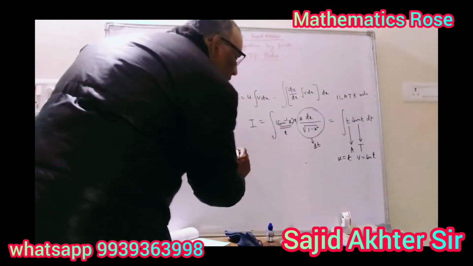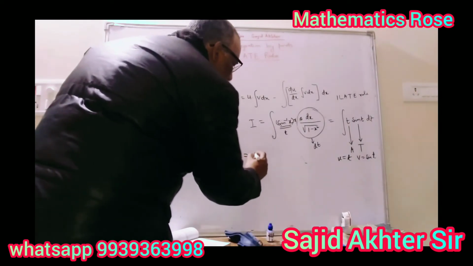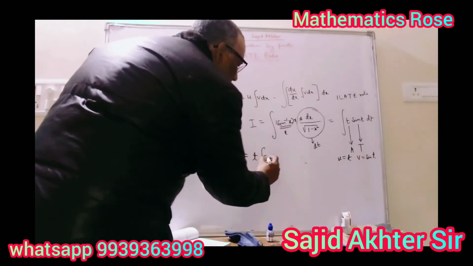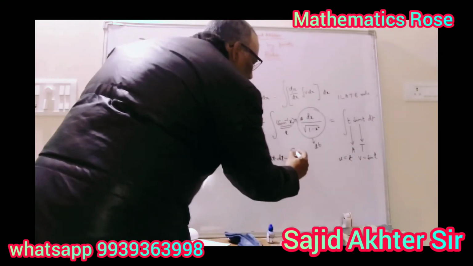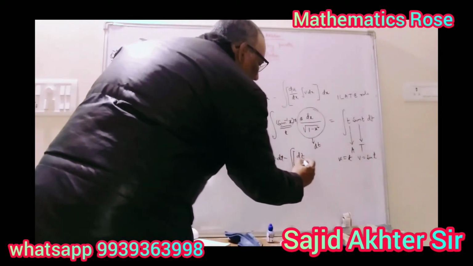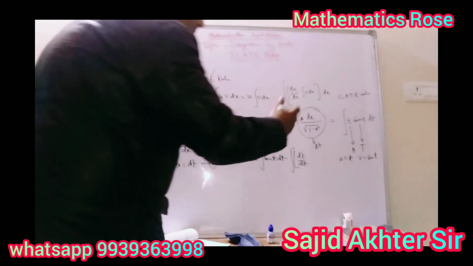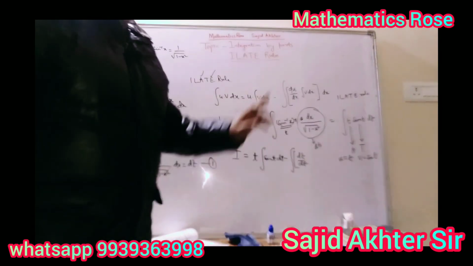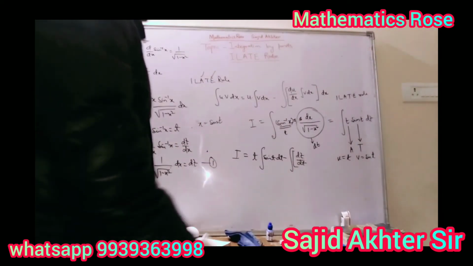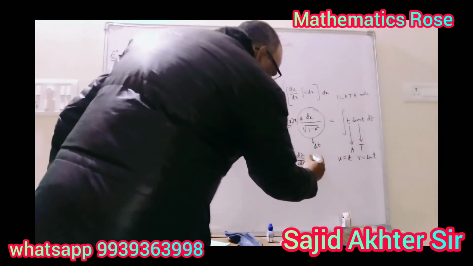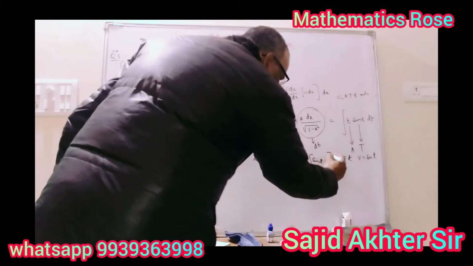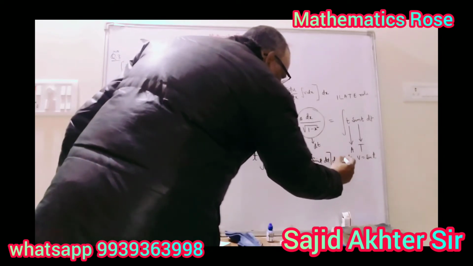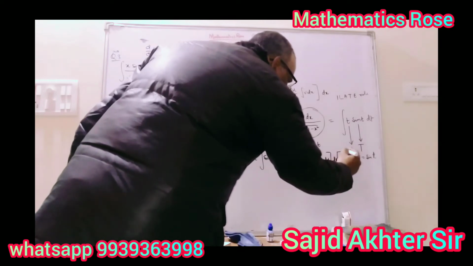So now I is equal to t outside, integration of sin t with respect to dt, and here differentiation of t with respect to t. So that in the formula, in place of x we will write t, and integration of sin t dt into dt.